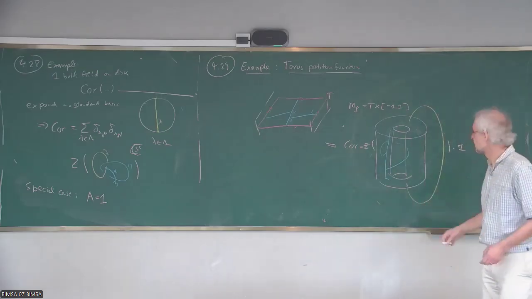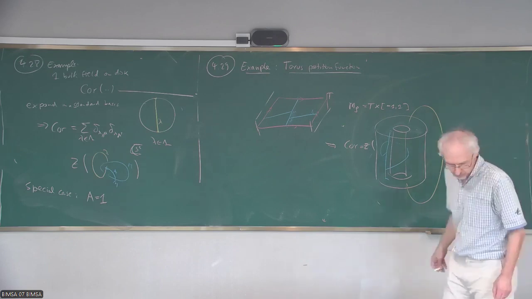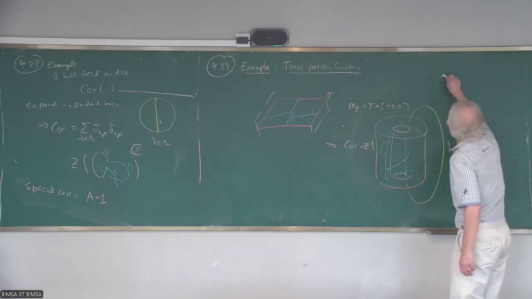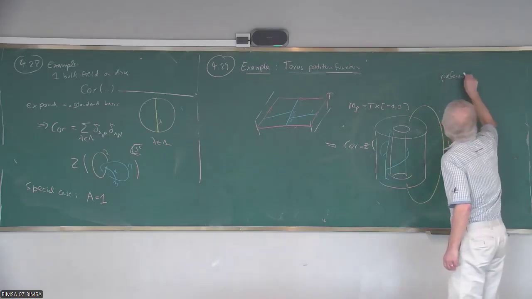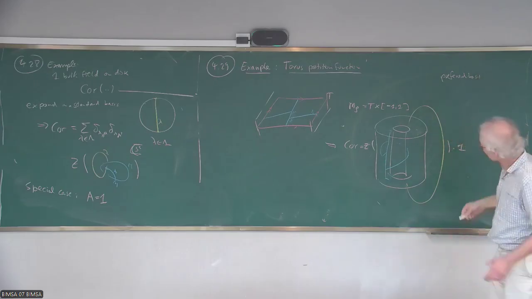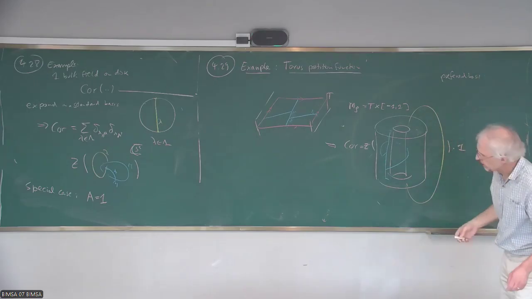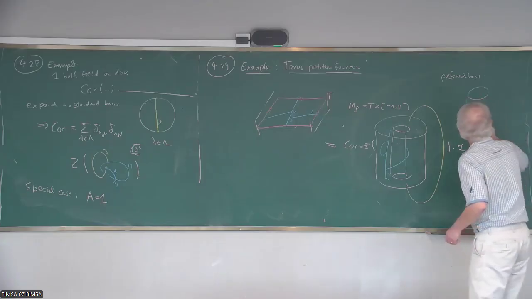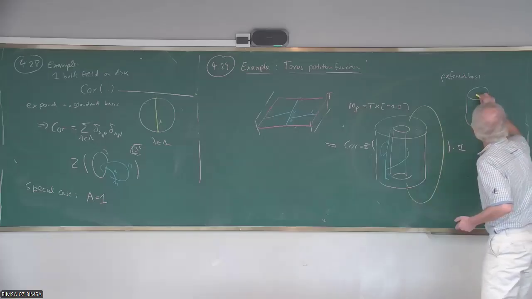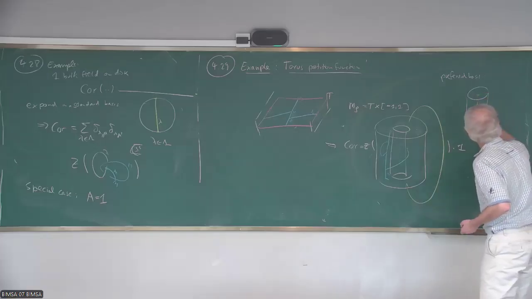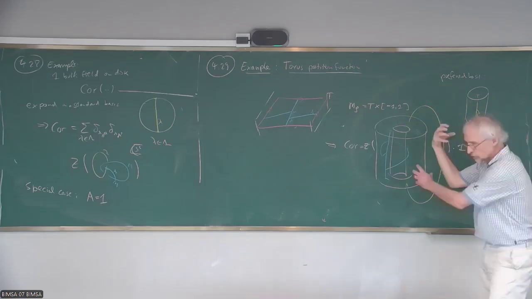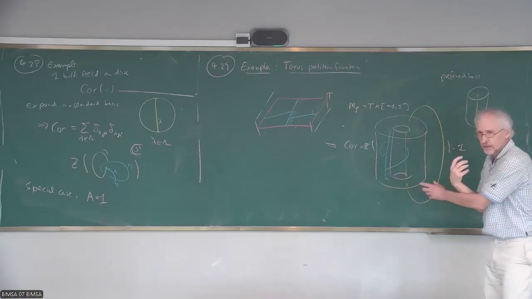Again, you can ask, more explicitly, how can I describe this? And again, there is in this case a preferred basis. For a full torus, the preferred basis is just of this form. Now here you have two boundary components, which both are tori.